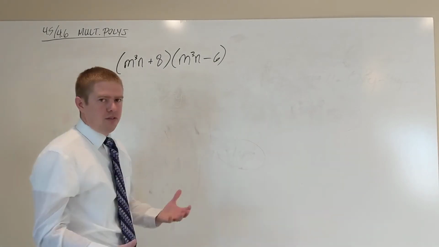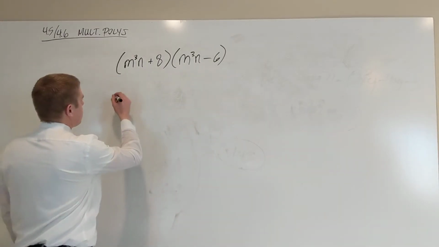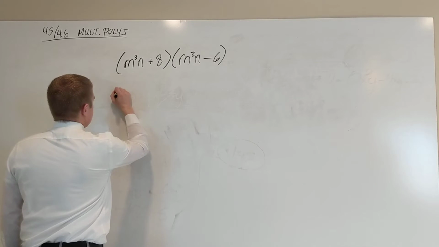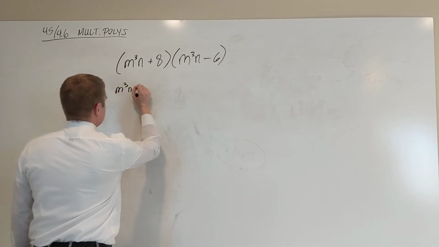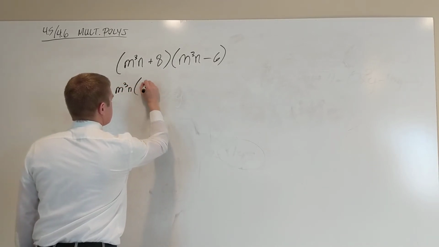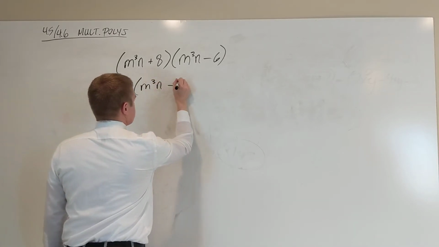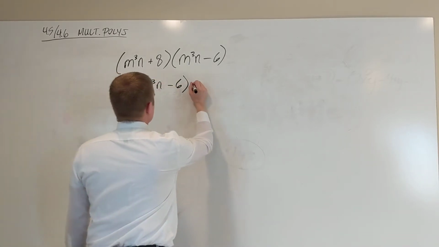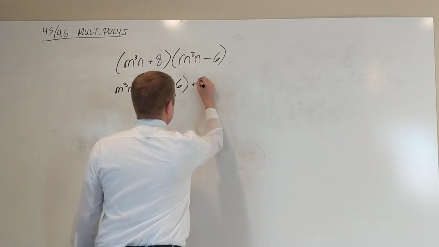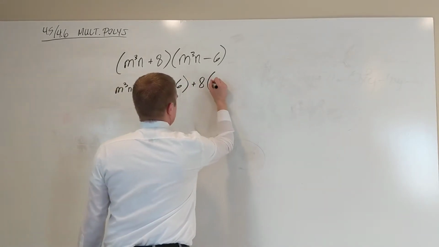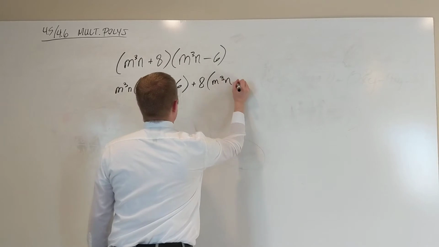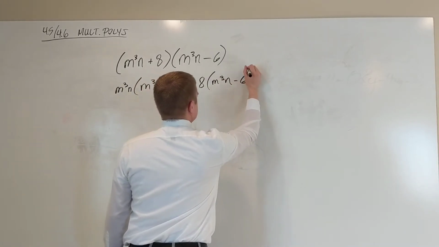We could do this a few different ways. One way is to say this is m to the third n times m to the third n minus 6, plus 8 times m to the third n minus 6.